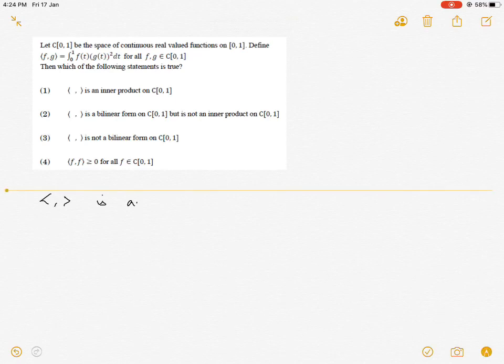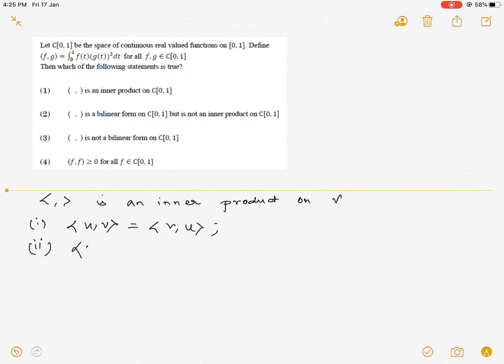We know that a function is an inner product if it satisfies certain conditions. For an inner product on a vector space V: number 1, <u,v> equals <v,u>.